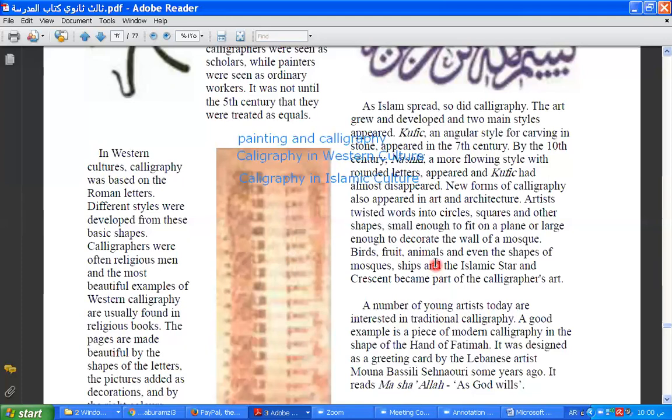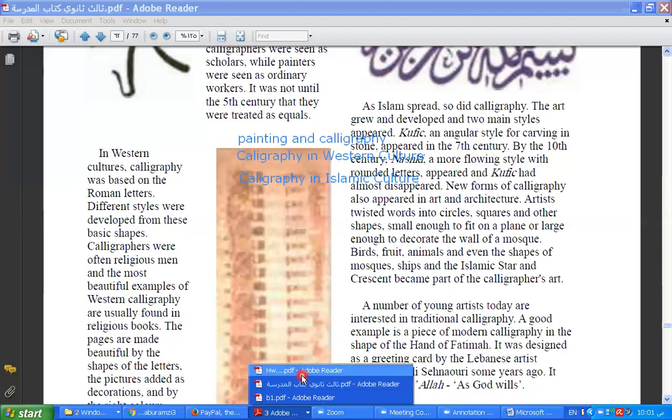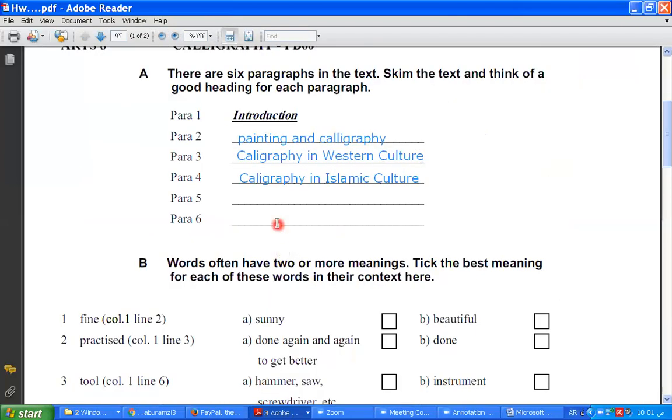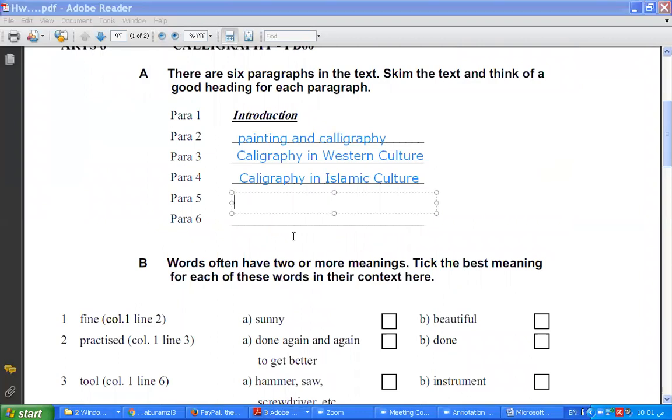So it's clear now, Abdullah, and I think we can find the best title for this. I would say development of calligraphy. It's a good idea. We can say also styles of Arabic calligraphy.